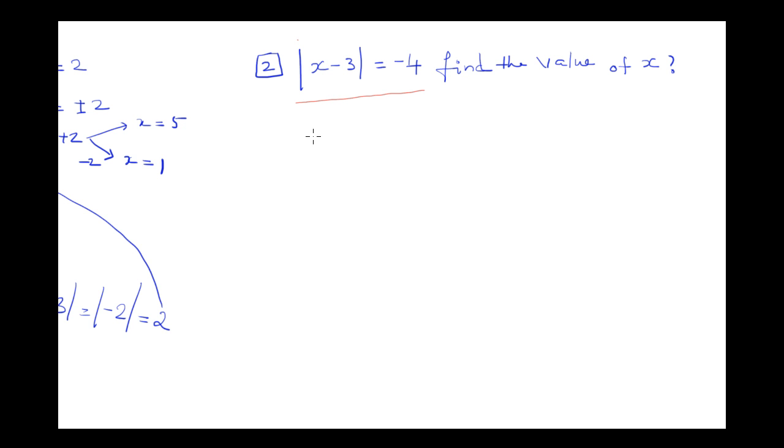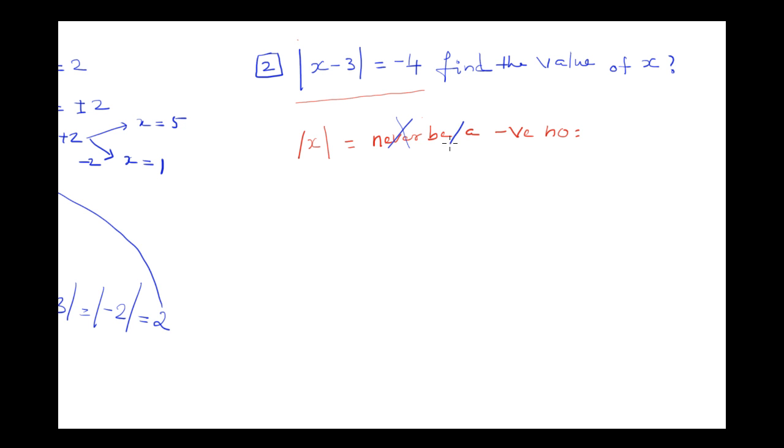Absolute of x can never be a negative number. This condition is not possible.